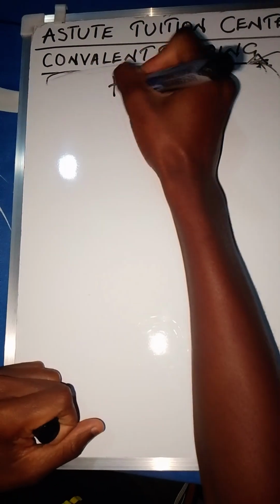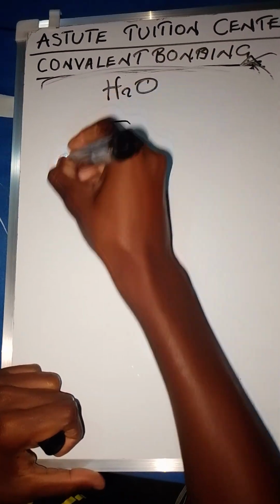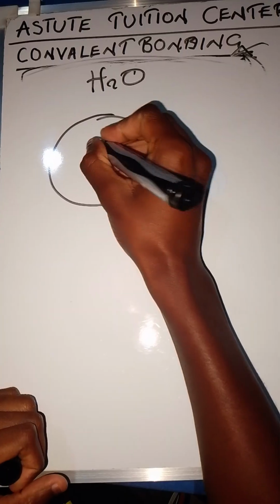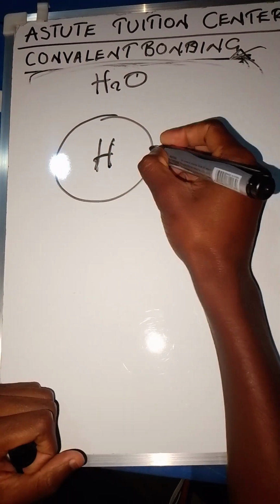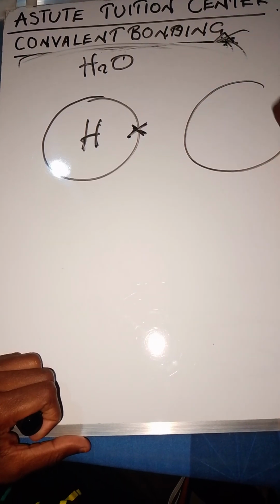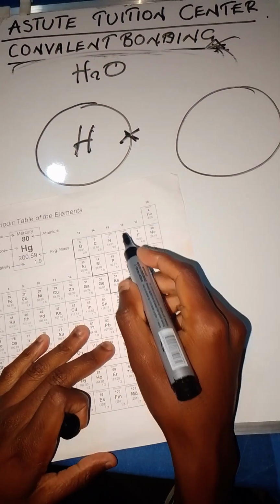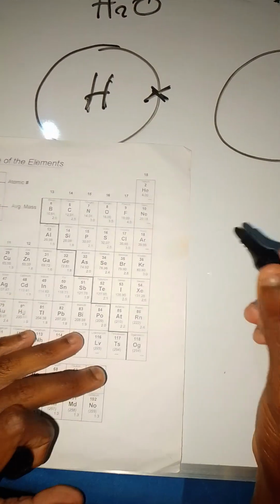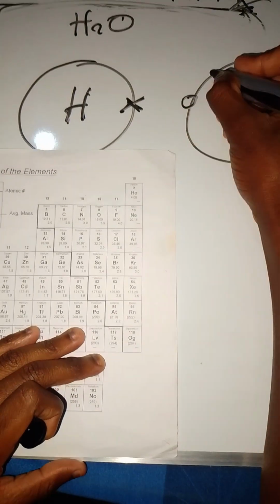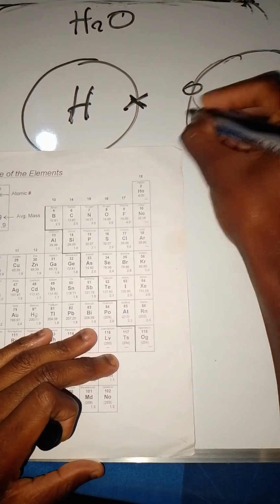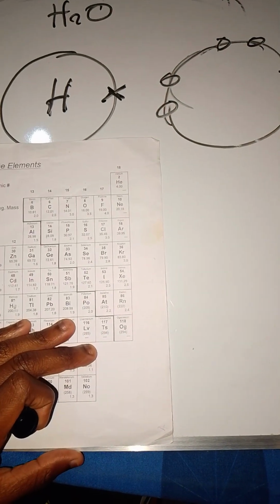So we have H2O. For this illustration, I'll just consider the valence electrons. Hydrogen has 1 valence electron, so I'll use a cross to represent hydrogen. Oxygen is found in group 6, therefore it has 6 valence electrons, so I'll use dots: 1, 2, 3, 4, 5, 6.